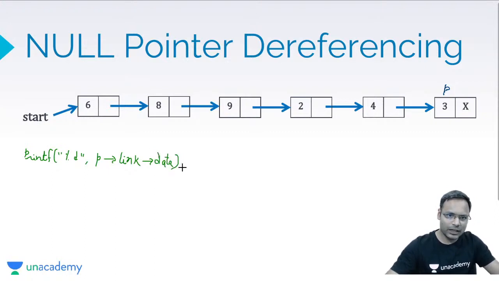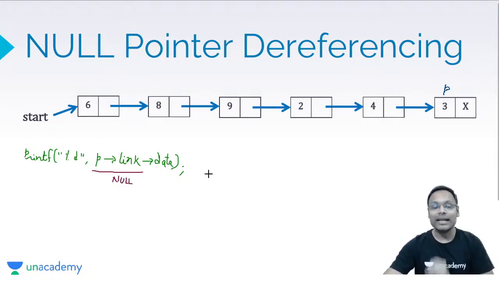If such kind of statement I will be having, look at this, p pointer pointing to this node, its link null, p का link क्या मिलेगा? null. So what exactly ultimately you are trying to access is null arrow data.